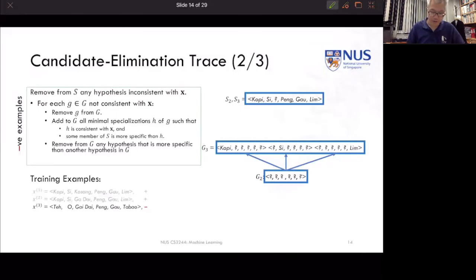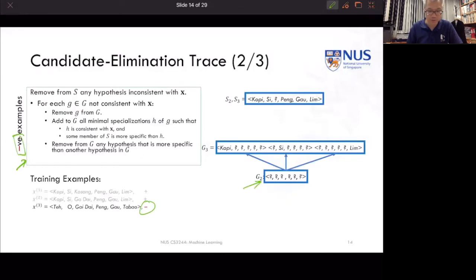So the third training example is a negative example. And this means that the second half of the algorithm that deals with negative examples is going to be used. Right? Here what we want to do is go through and inspect all the general hypotheses, all of them that are within the set G. Right now we only have one in the second one, all right?